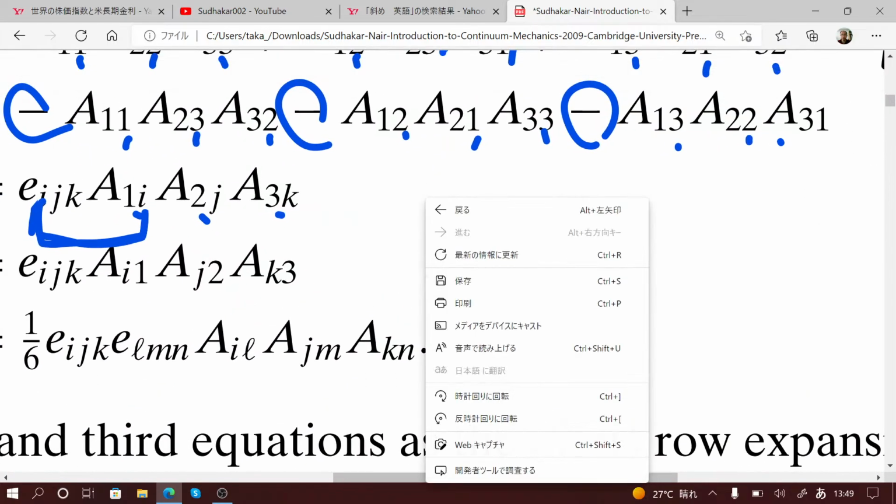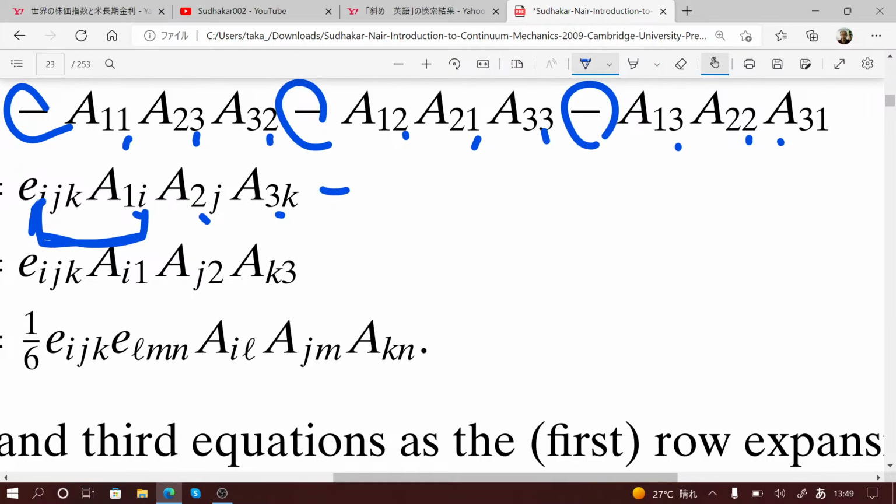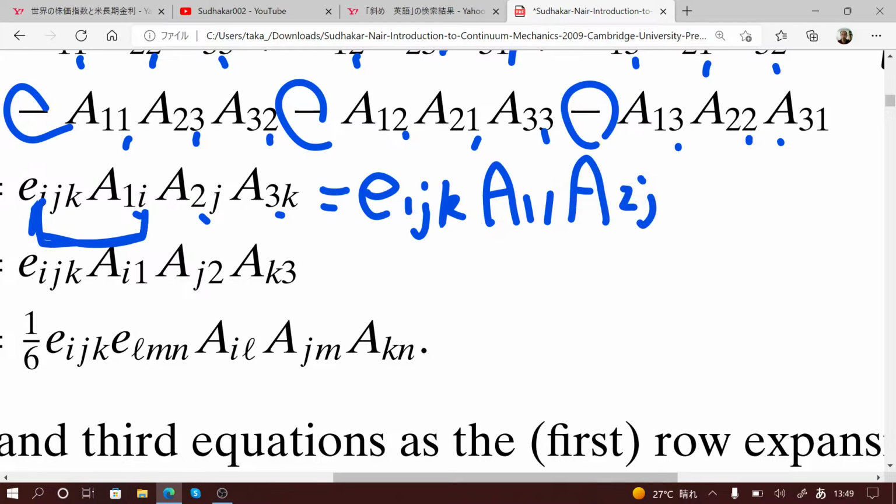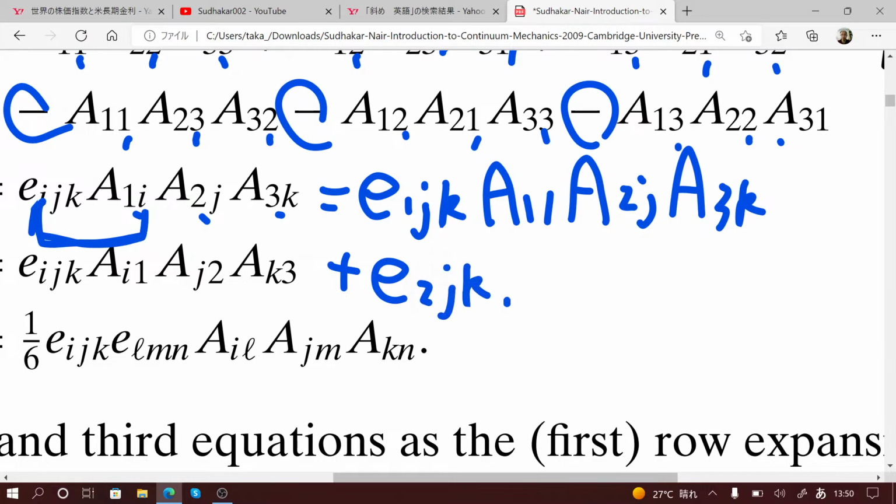Here you can consider this one: epsilon_{1jk} A_{11} A_{2j} A_{3k} plus epsilon_{2jk} A.